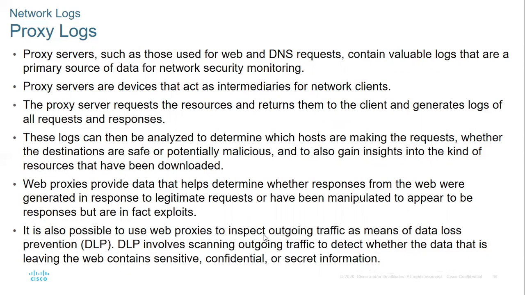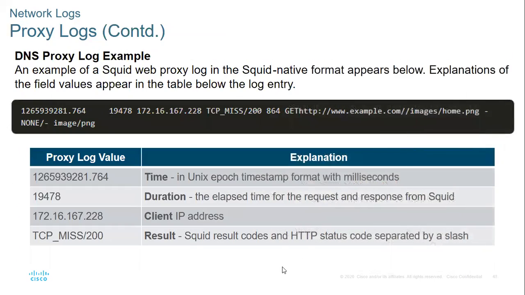It is also possible to use web proxies to inspect outgoing traffic as a means of data loss prevention. Data loss prevention is a very important tool in your organization, because it can detect when someone is sending sensitive or confidential information from your organization, and it can block that.